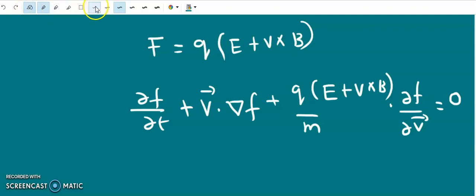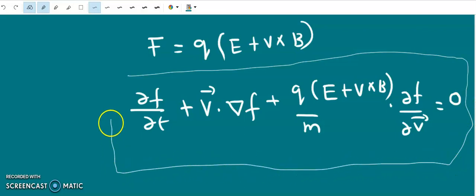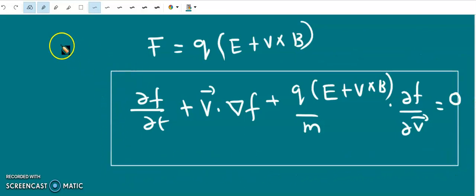This equation is called the Vlasov equation. The Vlasov equation is the special case of the Boltzmann equation where the collision is absent. This equation is called the Vlasov equation or Boltzmann-Vlasov equation.